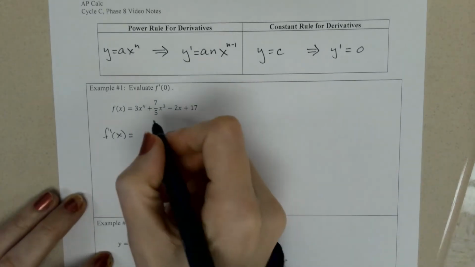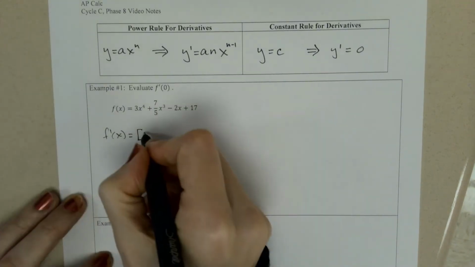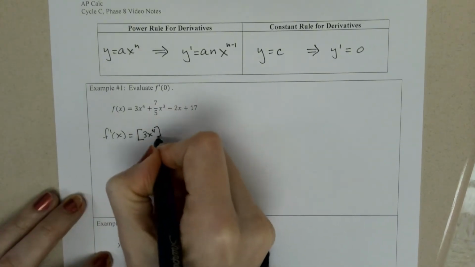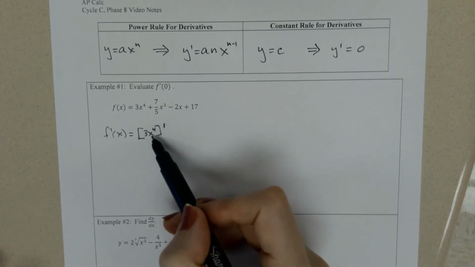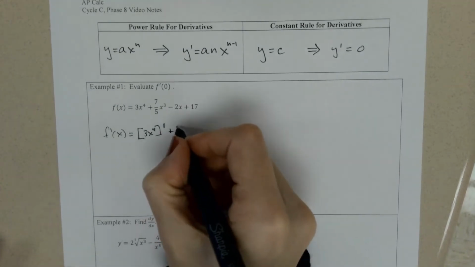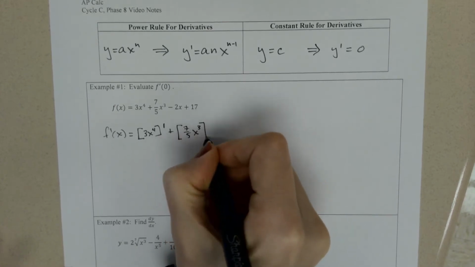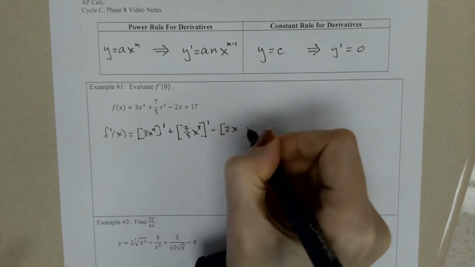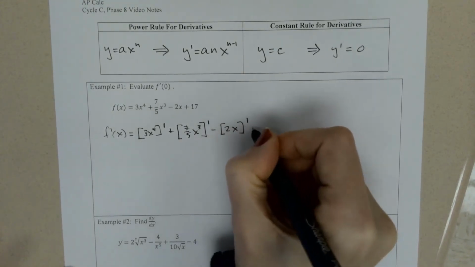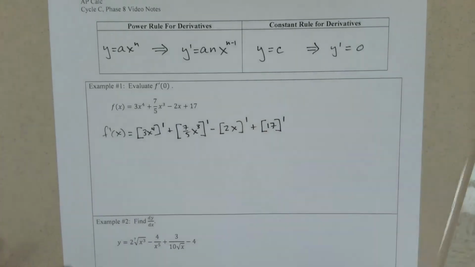So what I'm going to do is put the terms separately inside of brackets, and then I'm going to put a prime on the outside. What this prime means is to take the derivative of what's inside. Plus 7/5 x to the 3rd. And then there's a minus. The prime means that I'm taking the derivative of what's inside.